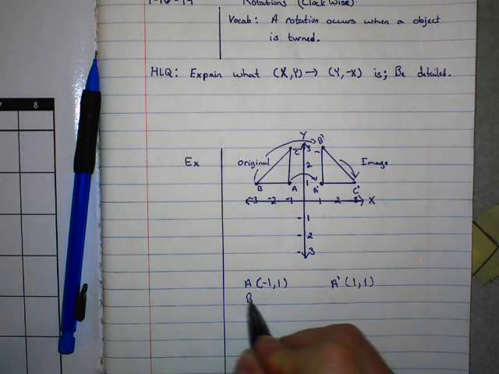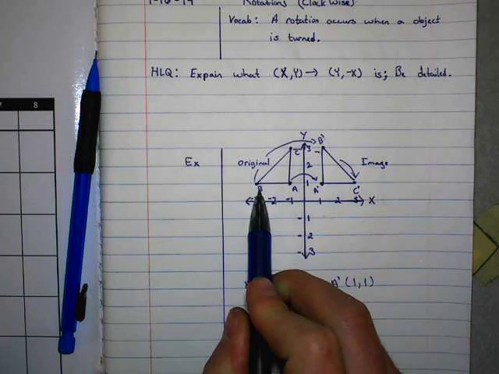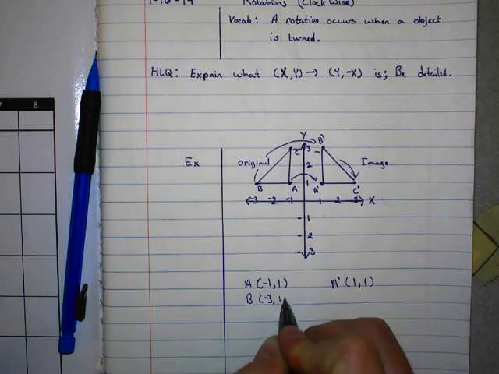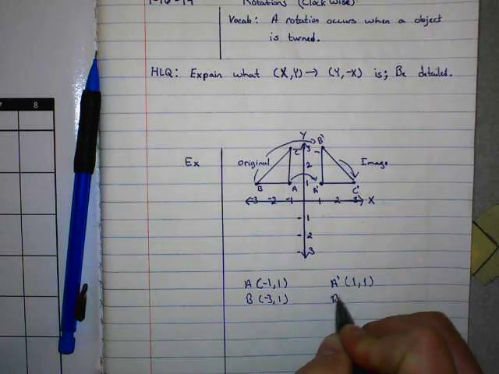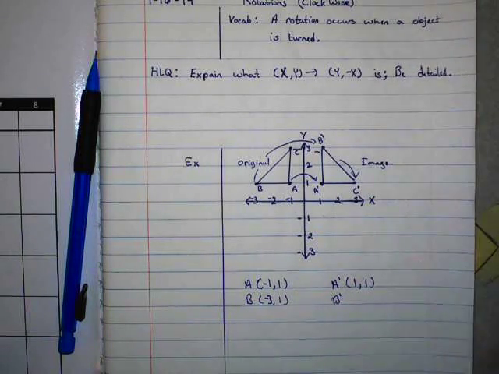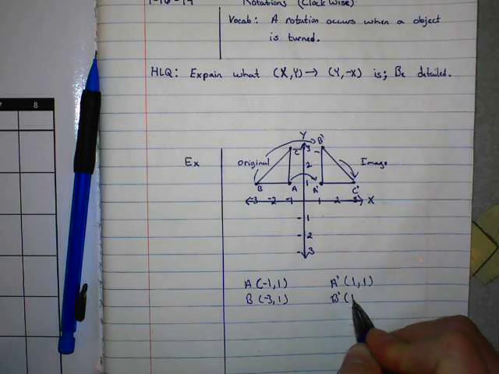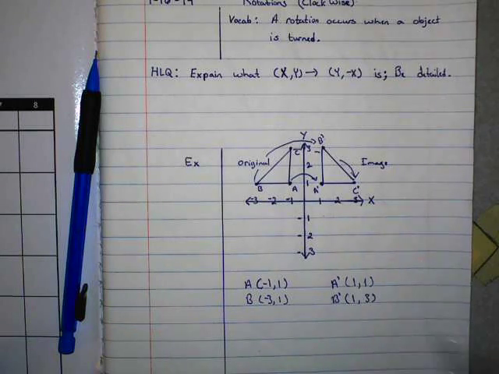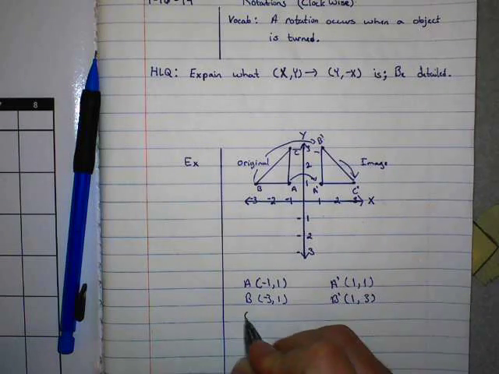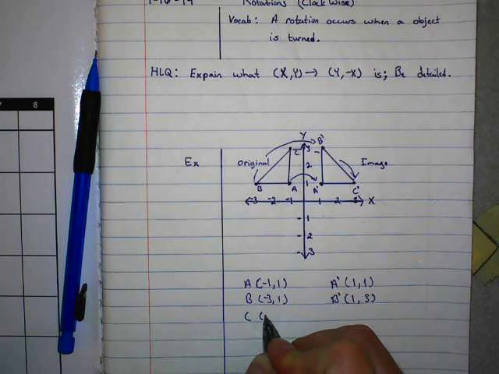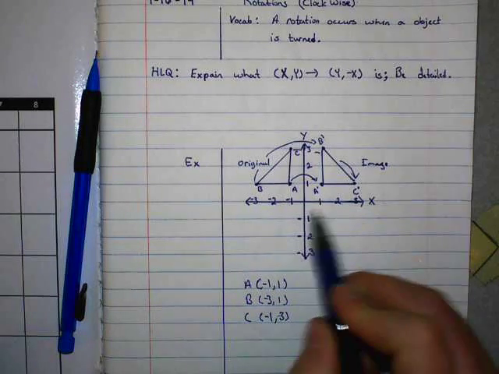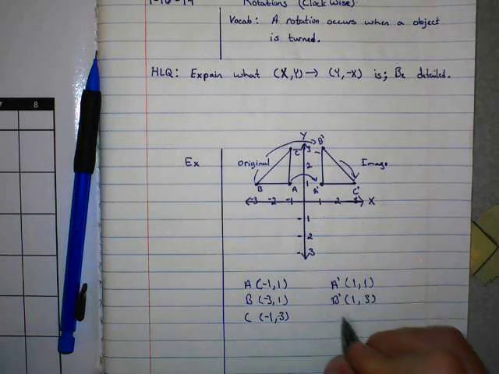B, we're going to be looking at negative 3, 1. And B prime will be looking at positive 1, 3. And finally, we're going to look at C to C prime. Well, C is starting out at negative 1, positive 3, and it's changing to positive 3, positive 1.